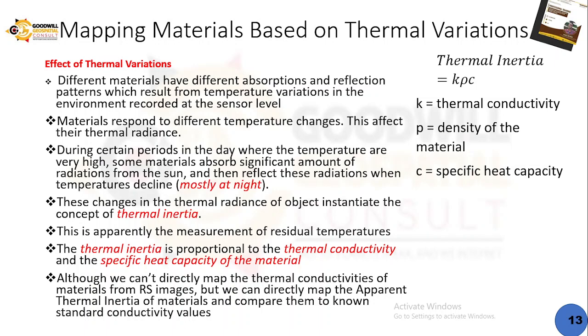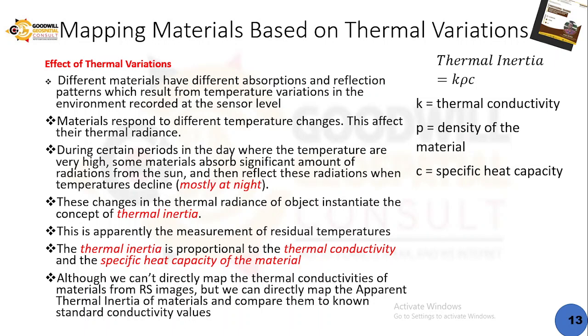During certain periods in the day where temperatures are very high, some materials absorb a very significant amount of radiation, principally from the sun, and then they tend to reflect or emit these radiations when temperatures decline, and this phenomenon occurs at night. So these variations in the thermal radiance of the object instantiate what you call the thermal inertia effect. This is an apparent measurement of residual temperatures.